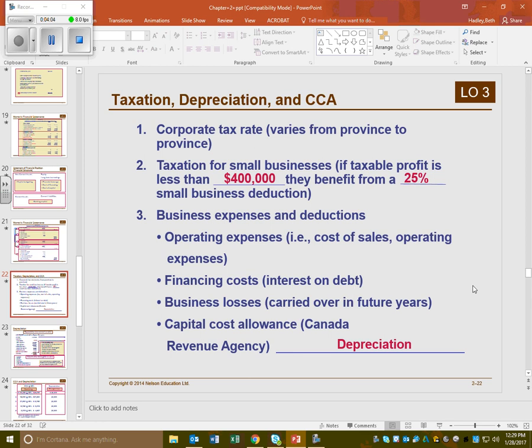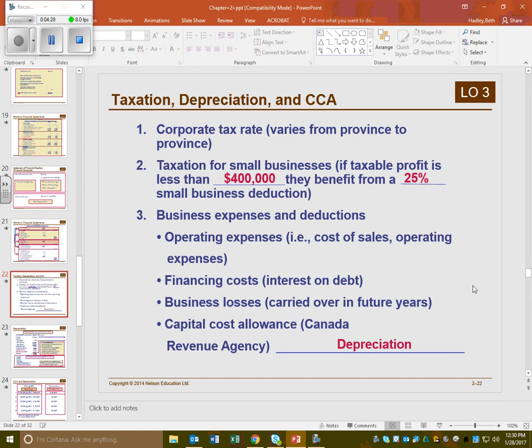Then we have our regular business expenses, which we've talked about before as our operating expenses, our cost of goods sold, regular operating expenses such as salaries or wages, our selling and administrative expenses. Financing costs, we've talked about this as well, which is our interest expense. So if we have a loan, we would be paying interest expense on that loan.